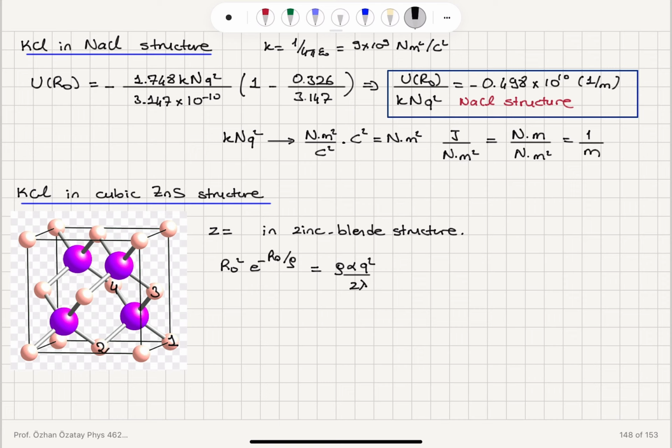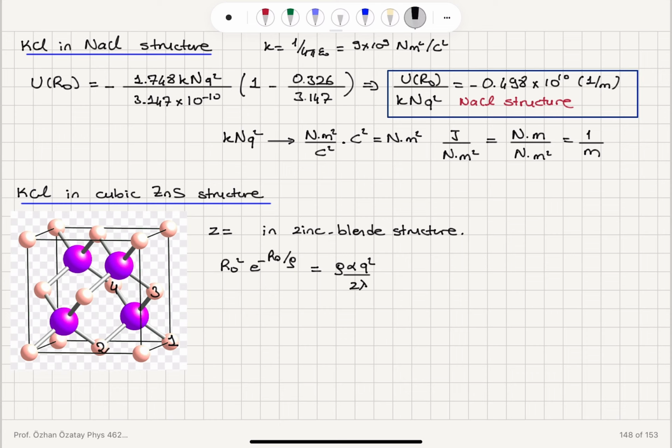That's the unit of this quantity, U of R0 divided by K capital N Q squared. Notice that I don't have to convert these to meters here because they're both in angstroms.